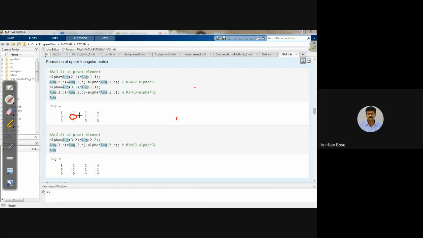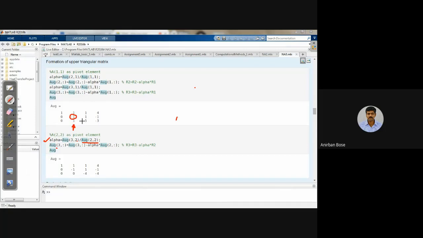In the denominator it will be the pivot value, that is augmented 2 2. In the numerator it will be what you want to make 0. You want to make this quantity 0, so augmented 3 2. This particular element is in the third row, second column, 3 2. So this is your alpha.